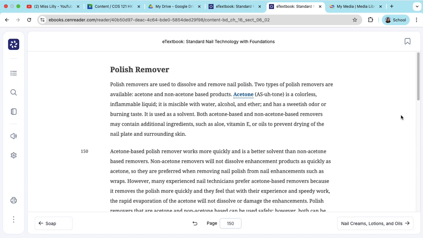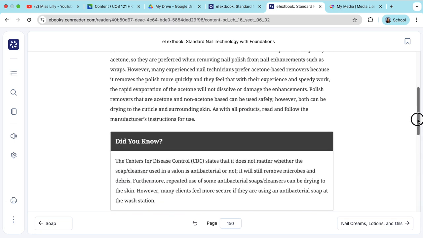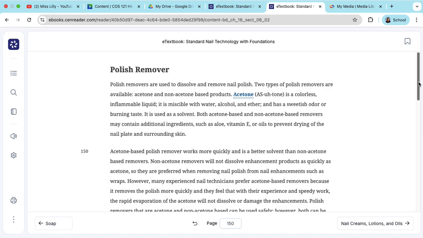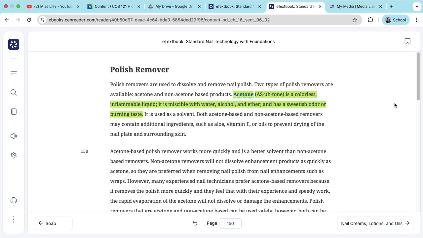Polish remover. We have different types of polish remover. We have acetone and non-acetone. Acetone is a colorless flammable liquid. It is miscible with water, alcohol, and ether, and has a sweetish odor or burning taste. Well, we don't want to taste it.